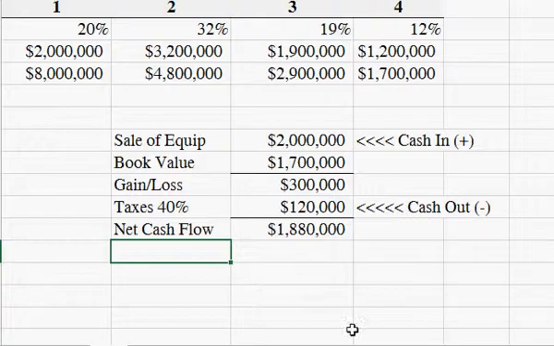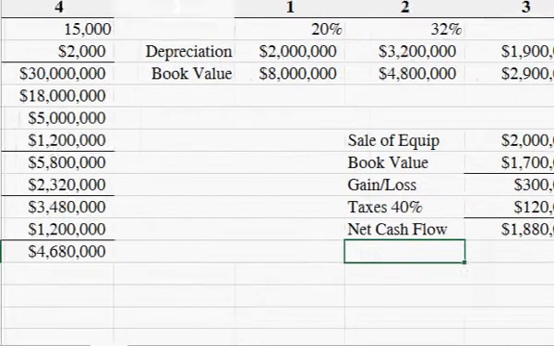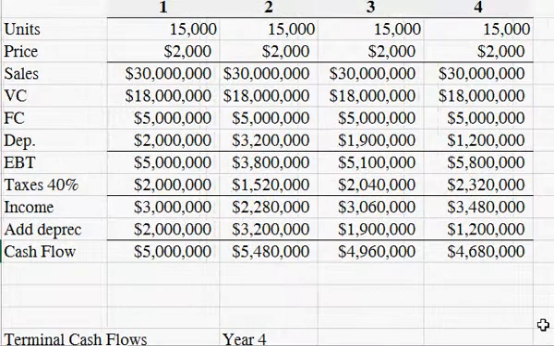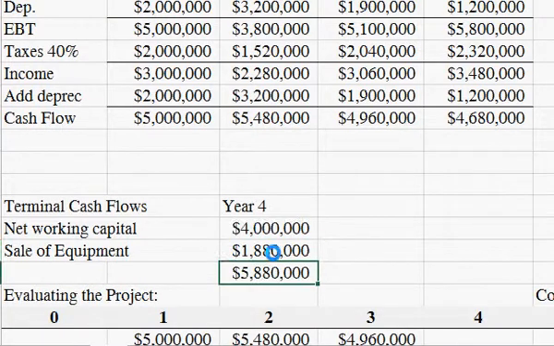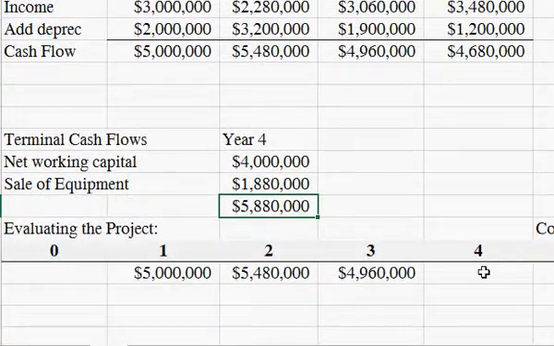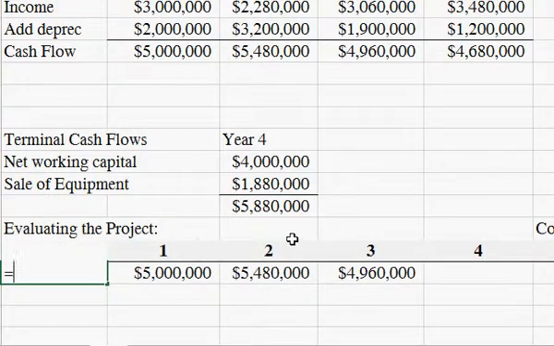So take it back over here, and under our terminal values, I have $1,880,000. So in year 4, not only do I have the regular annual cash flows, but I add to that the $5.88 million.